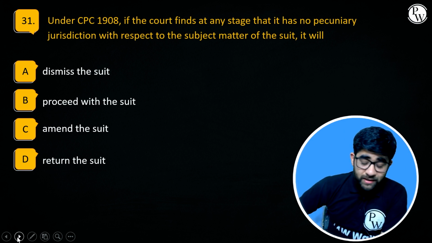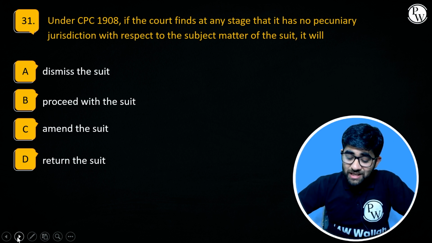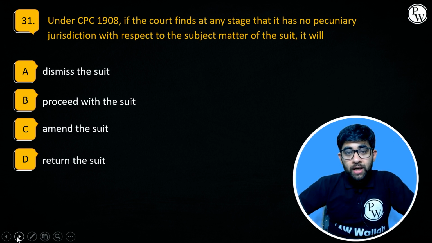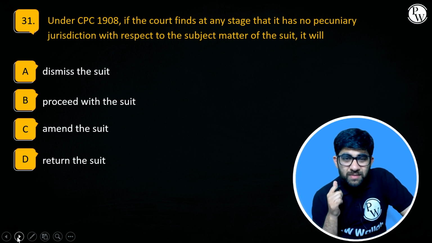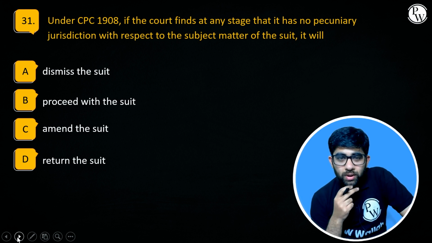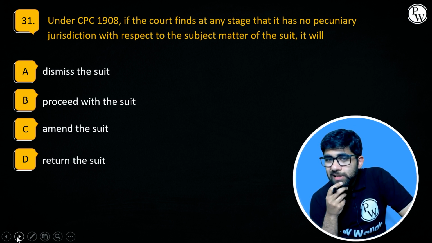Under CPC 1908, if the court finds at any stage that it has no pecuniary jurisdiction with respect to the subject matter of the suit, it will dismiss the suit, proceed with the suit, amend the suit, or return the suit.